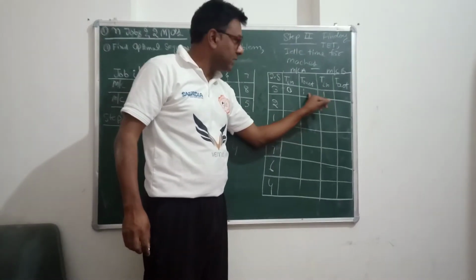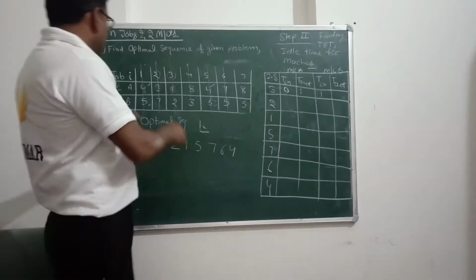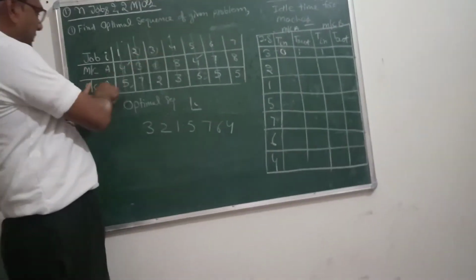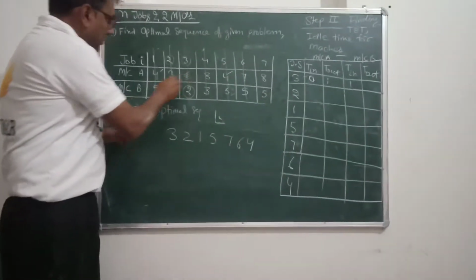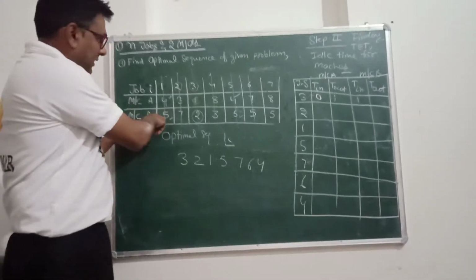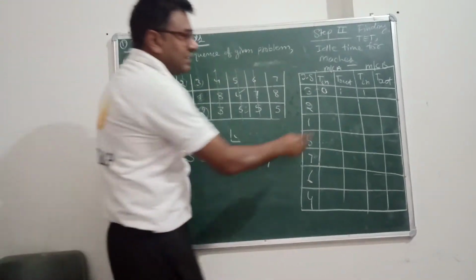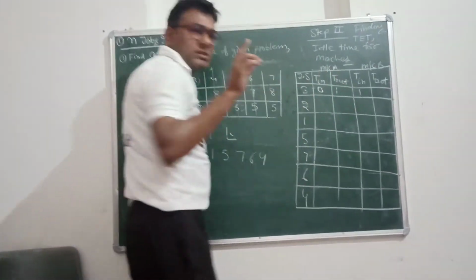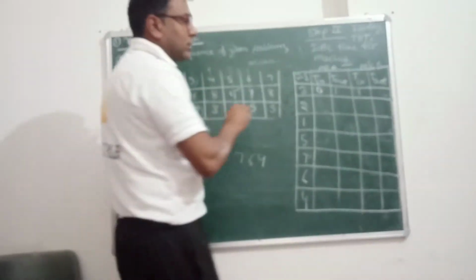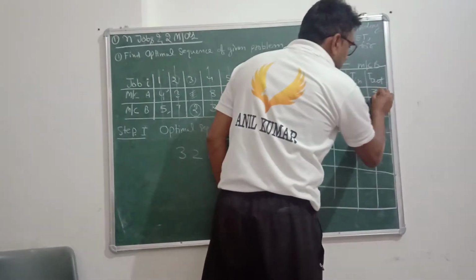It will be taken from here. Job 3 will take 2 minutes on machine B, so it enters at 1 minute and the processing time is 2 minutes, then the total out time will be 3 minutes.